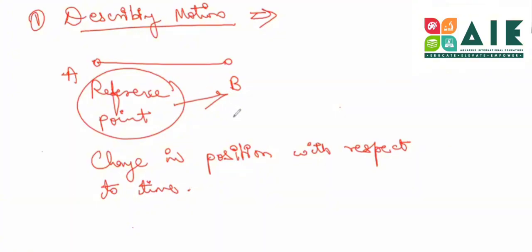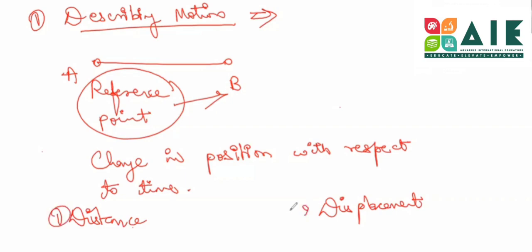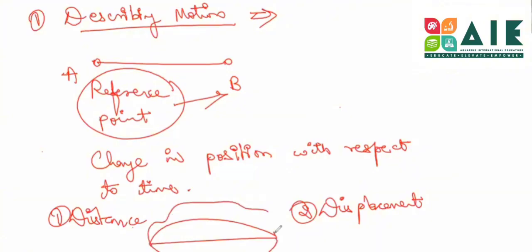Now, inside motion, we have 6 patterns that we have to study. Very first one is distance, and the second one is displacement. They are very much correlated with each other, and how they are correlated, let me tell you. When you travel from one point to another point, you can take any of the given tracks. First track, second track, third track, fourth track.